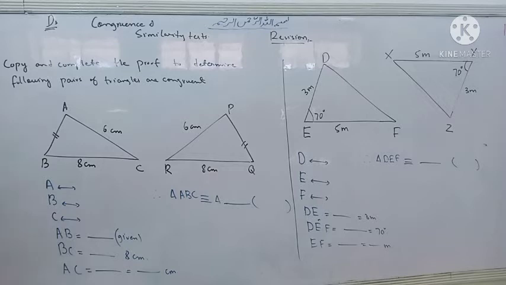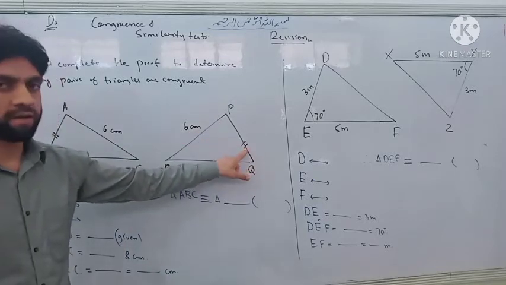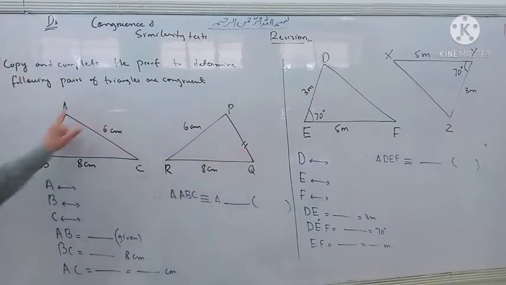So in the first question, you can see that triangle ABC and triangle PQR have the sides mentioned in the diagrams, 6, 8, and this is the line not mentioned, but in that diagram that is PQ, right? These lines show that PQ and AB are the same sides.